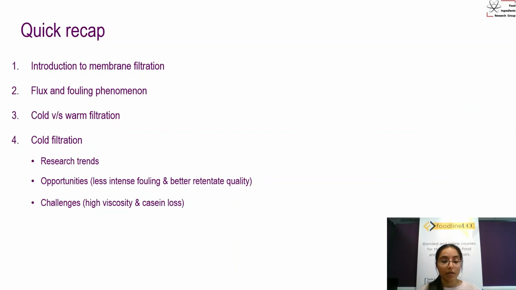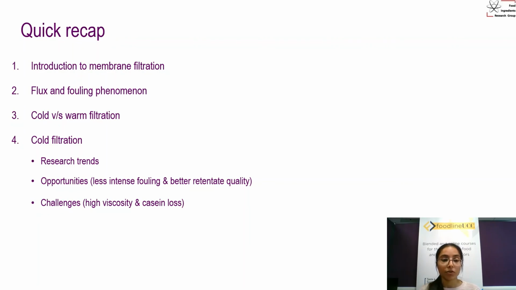With this, we come to the end of this session, and maybe a quick recap would help us remember what we covered today. So we covered a brief introduction of membrane filtration and key factors to judge its performance with flux and fouling. Further on, we compared the cold and warm filtration and highlighted the major opportunities and drawbacks of each technology.